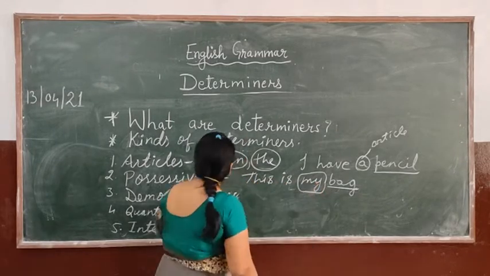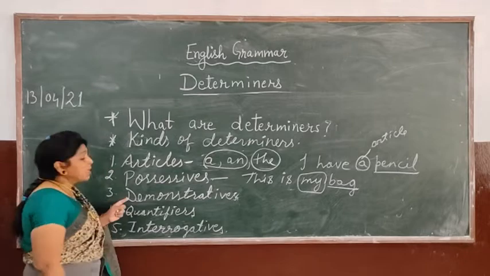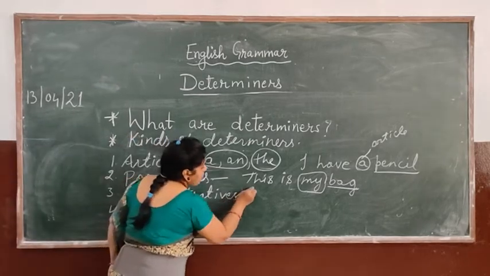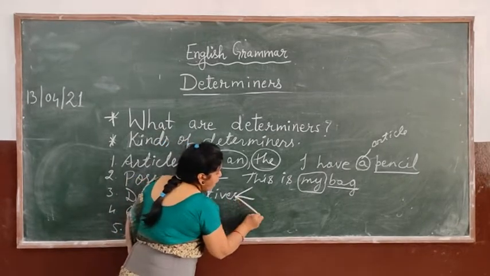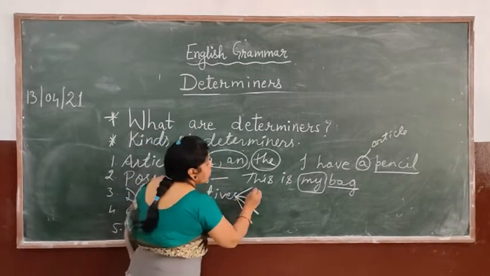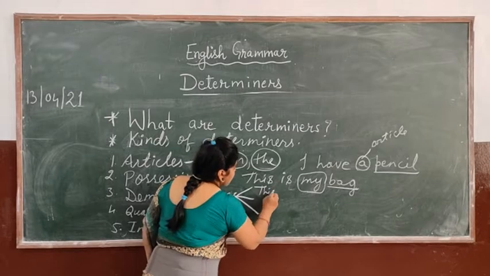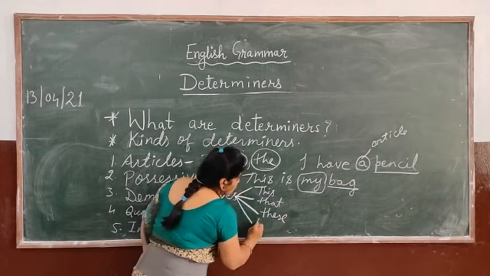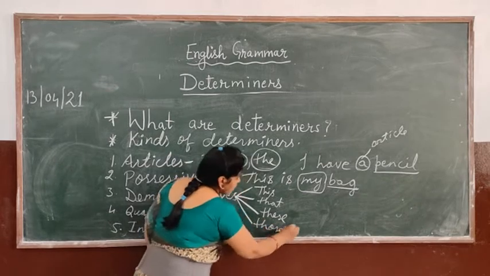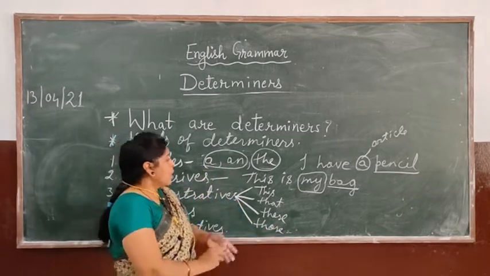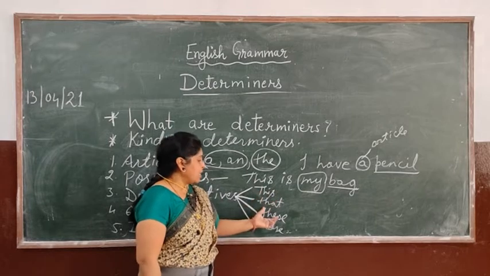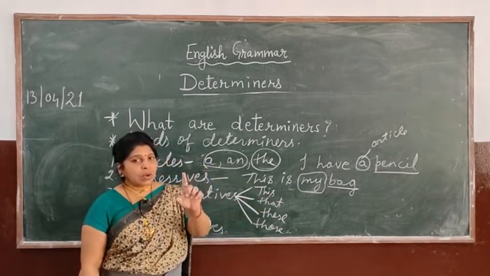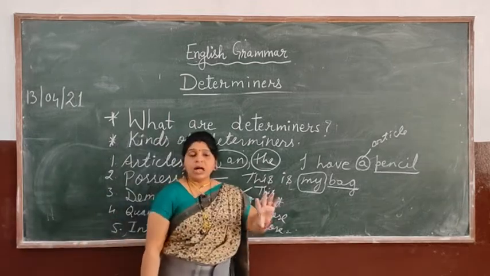Clear? Now, let us see the third kind of determiners, that is demonstratives. Demonstratives are of 4 types: this, that, these, those. This means the object is singular and quite near to the person.